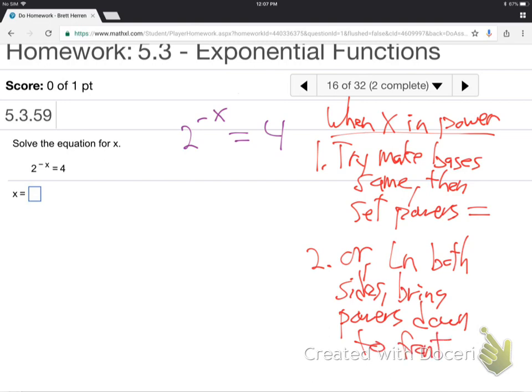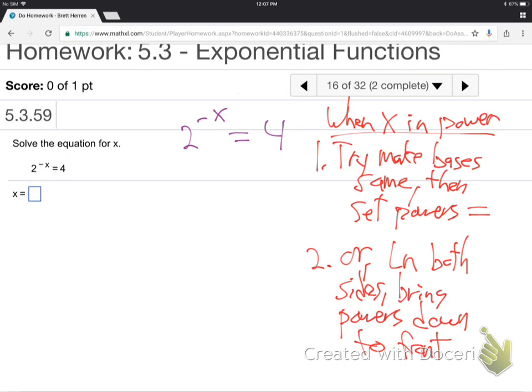So there's the whole game plan for when x is in the power zone. That's the big deal. You've got to remember when x is in the power zone, it's hard to solve. It's a difficult problem, right? It's not just that it has powers, but x itself is in the power, right?